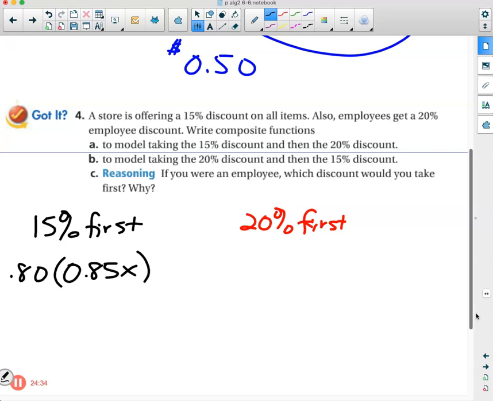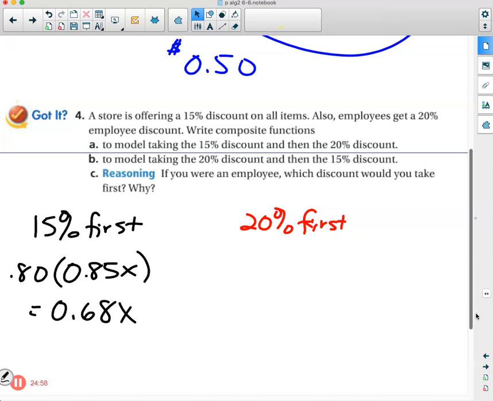So let me show you up there, 0.8 times 0.85. 0.68. So this is very similar to the IZOD problem, except not the really deep discounts that they had. So you're going to end up paying 68% of the cost, 32% off.